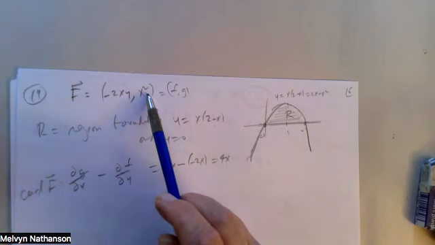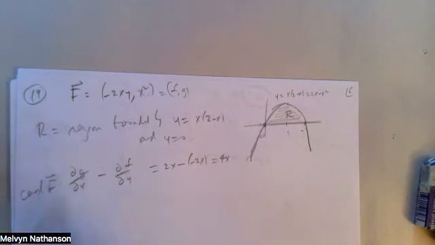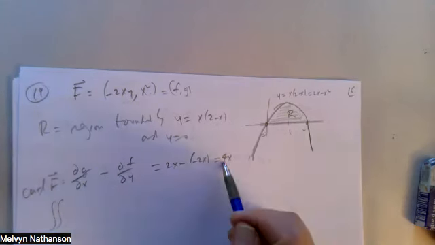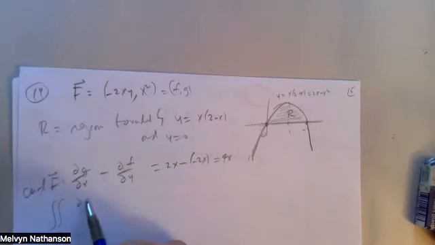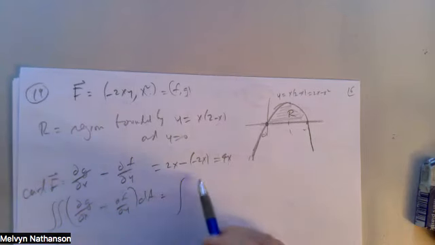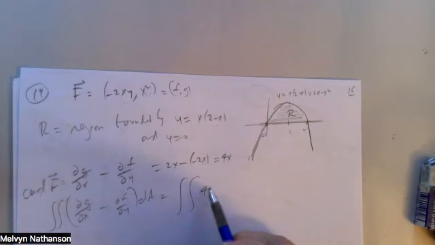Partial of g with respect to x minus partial of f with respect to y. So then the double integral over this region of the scalar function, partial g partial x minus partial f partial y, dA. This is a double integral of the function 4x over this region.